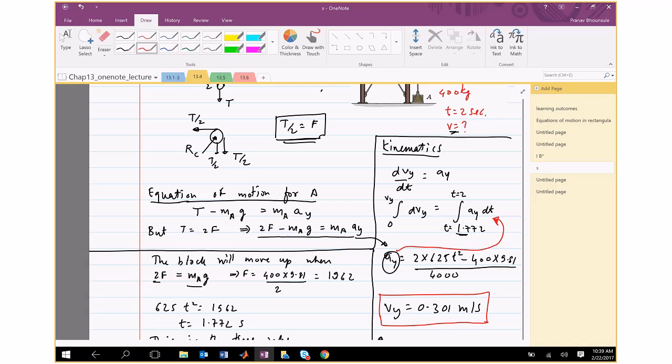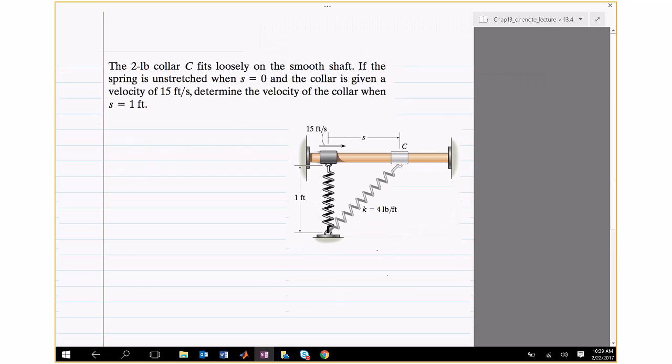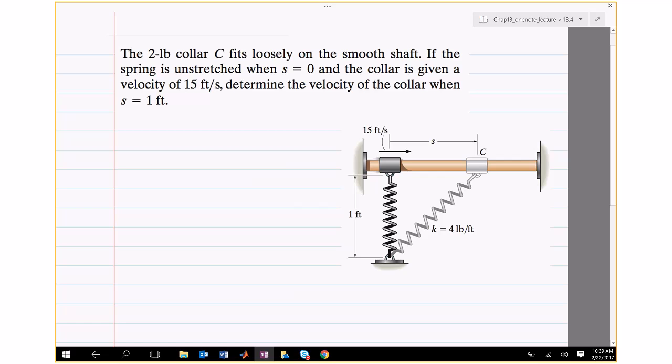Okay, let's do a spring problem. Okay, so the 2-pound collar C fits loosely on a smooth shaft. The string is unstretched when S equals 0. So you're told that in this position, the string is unstretched.